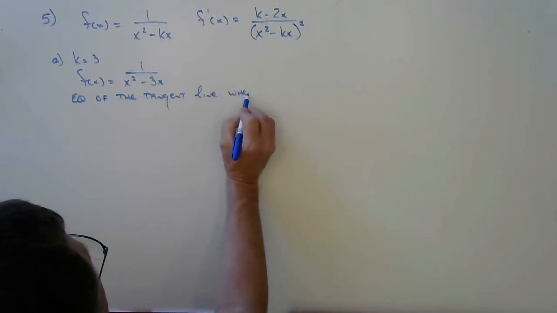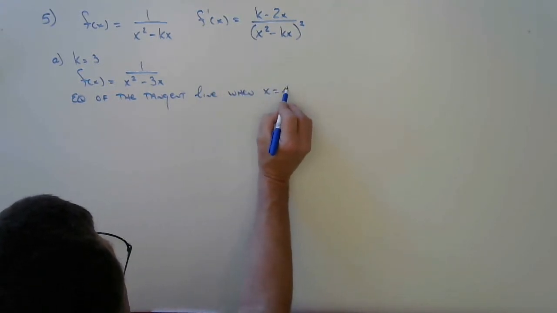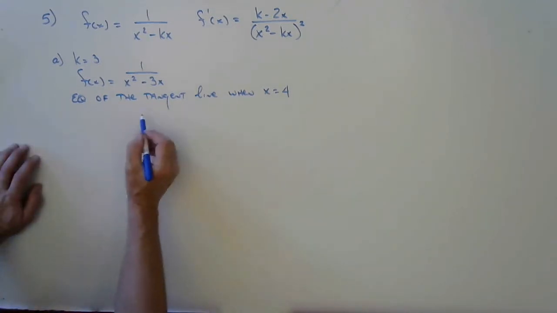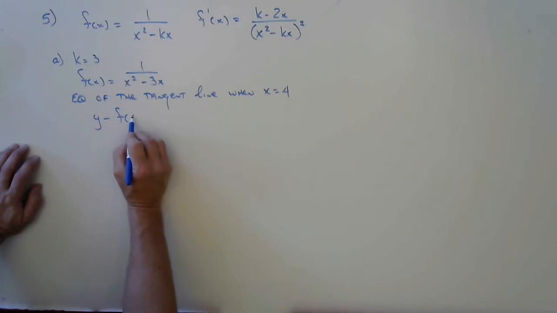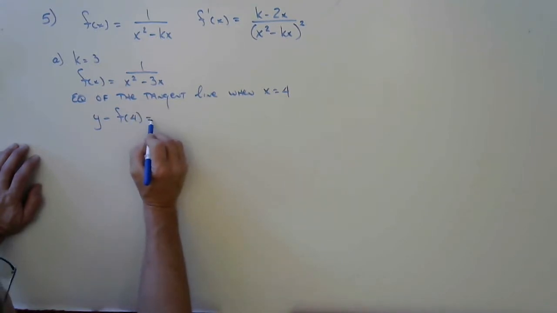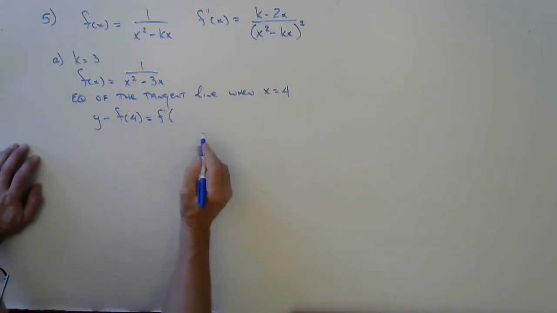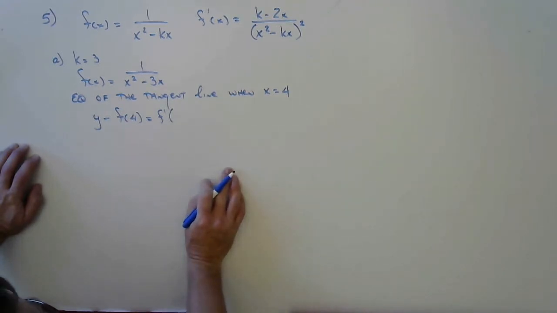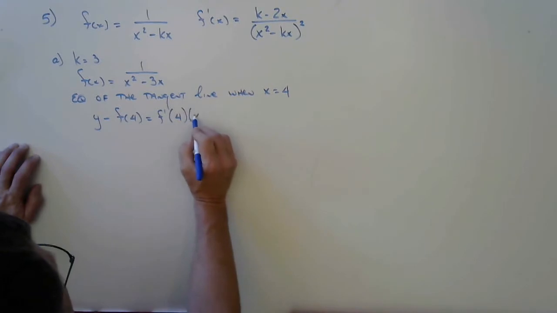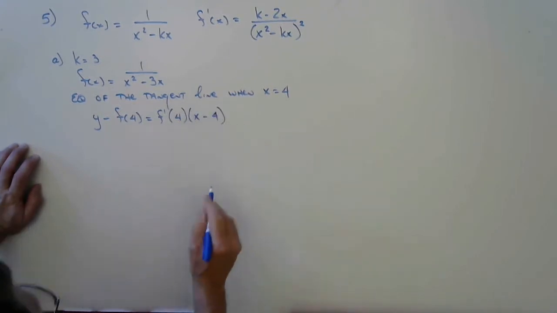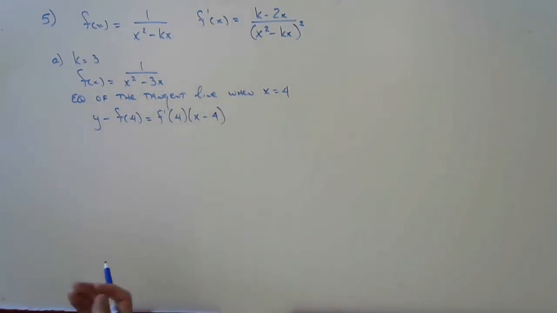Now we know how to write the equation of the tangent line: y minus f of 4 equals f prime of 4 times x minus 4. So this problem comes down to, can you plug a 4 into f, and can you plug a 4 into f prime?